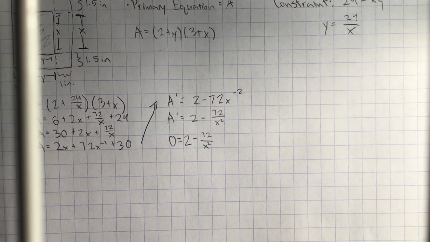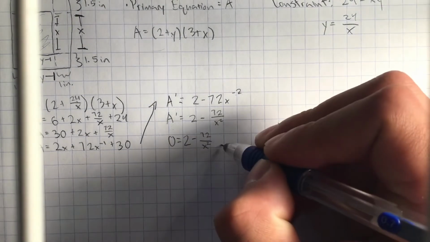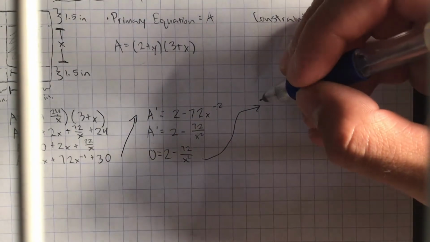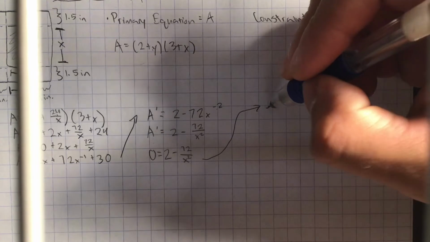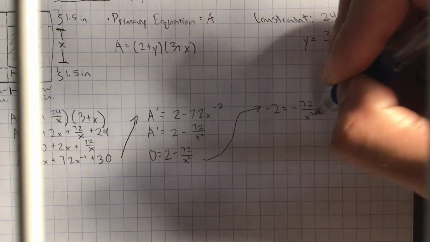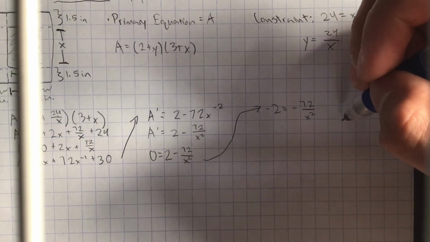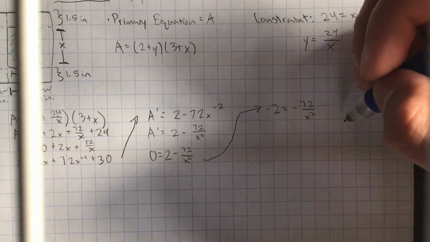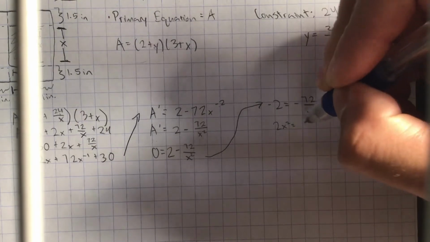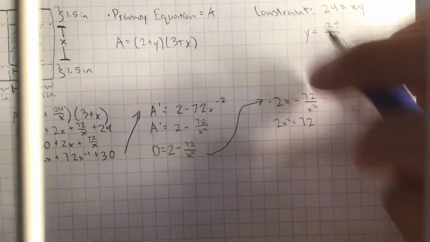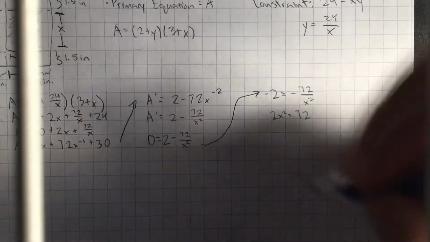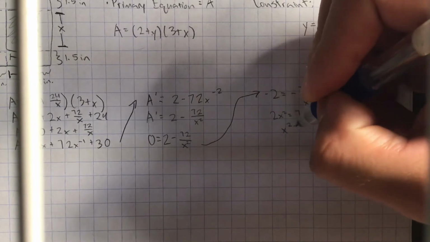And then now we're going to isolate that for a single variable, which is x. So we can subtract the 2, and negative 2 equals minus 72 over x squared. We can then cross multiply, and then 2x squared equals 72, so we cross multiply, flip the sign on both sides, or multiply by negative 1, however you look at it, divide by 2. 72 divided by 2 is 36, so x squared equals 36.